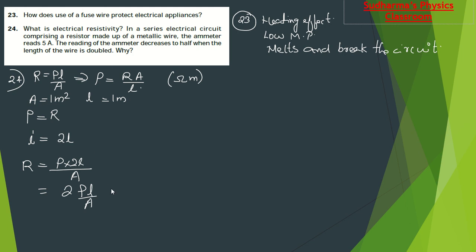What is rho L by A? Rho L by A is resistance, right? So I can say that this is R dash, the new resistance. That's equal to rho into 2L by A. The 2 I have taken outside: 2 times rho L by A, that is nothing but 2 times R. So the new resistance R dash is equal to 2 times R. Now from Ohm's law we have V equals IR, or I equals V divided by R. The relation between current and resistance is an inverse relation.